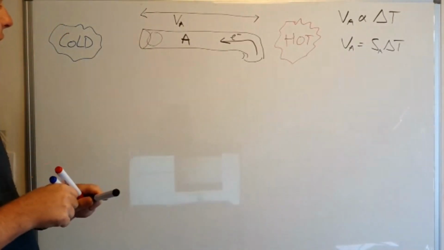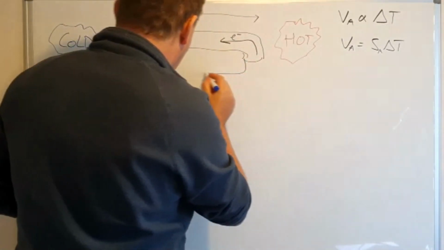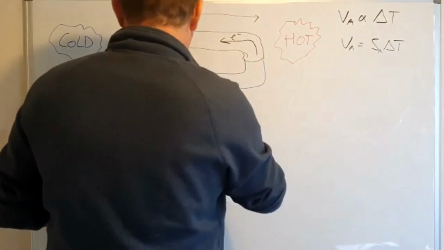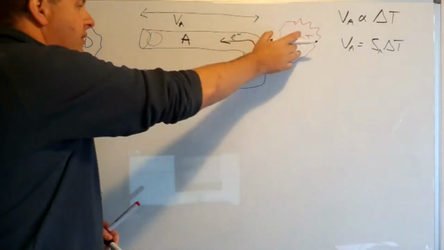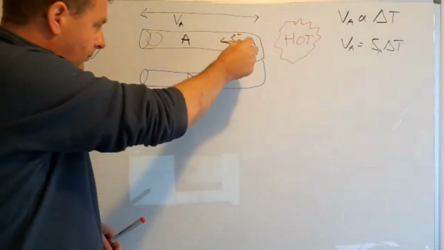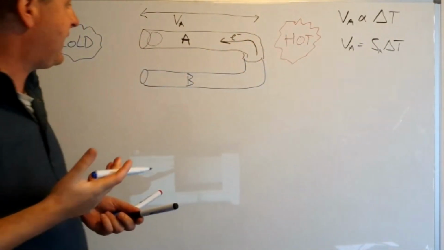So if I now take a second material, let's call this material B, and again, same temperature difference across the whole thing. Electrons are going to move from the hot end towards the cold end, and that's going to build up an electric field.